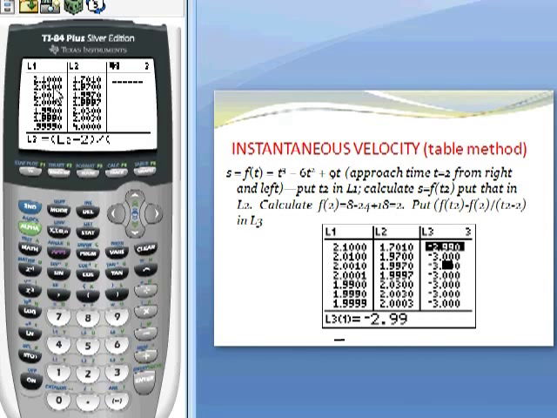So t2, I just actually put it at L1, so I'm going to put L1 minus 2. So I should be getting these values in here when I push enter.